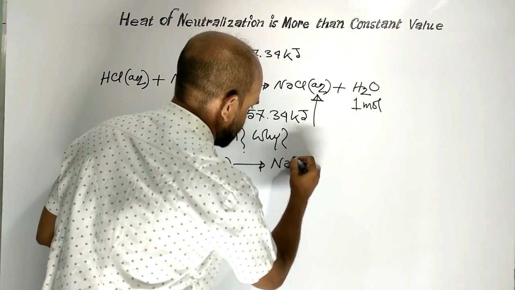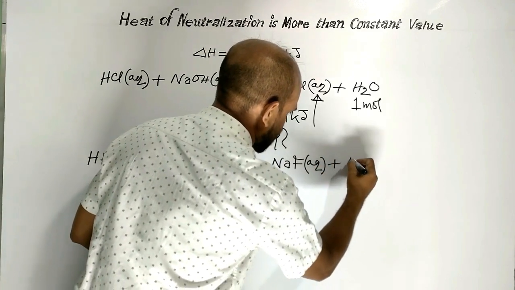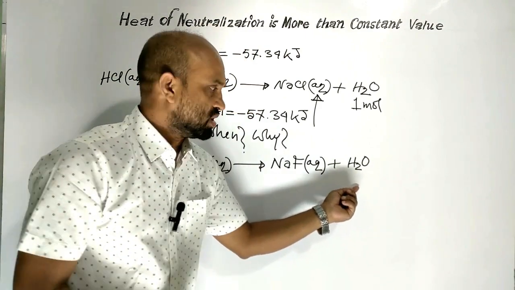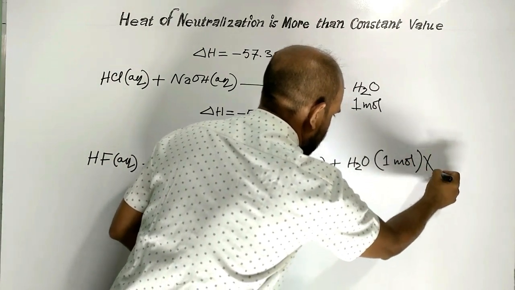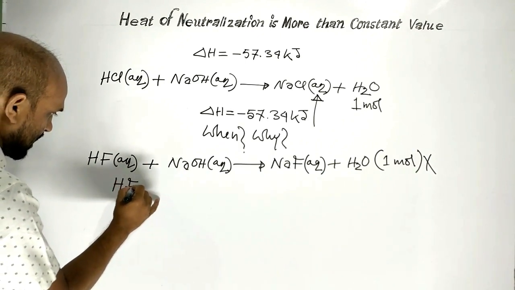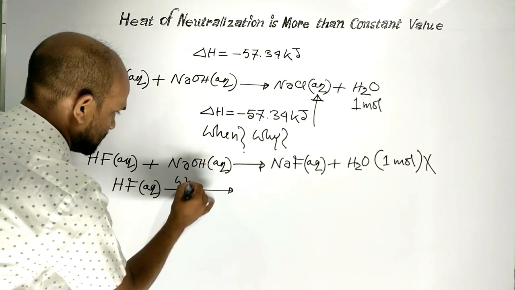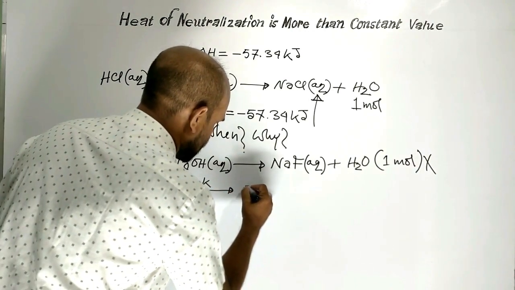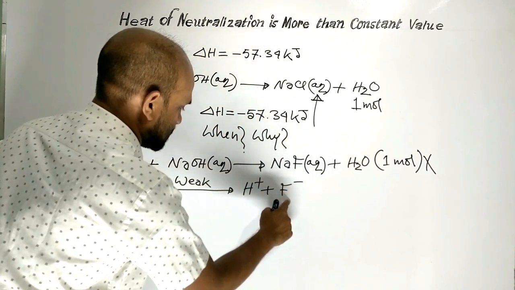Here, sodium fluoride salt is formed. At the same time, water is formed. Here, water is not 1 mole because hydrofluoric acid is a kind of weak acid. That is why it doesn't ionize completely to form proton and fluoride ion.